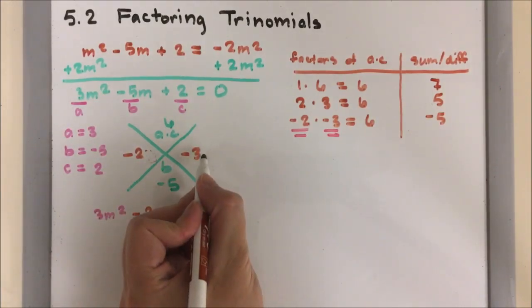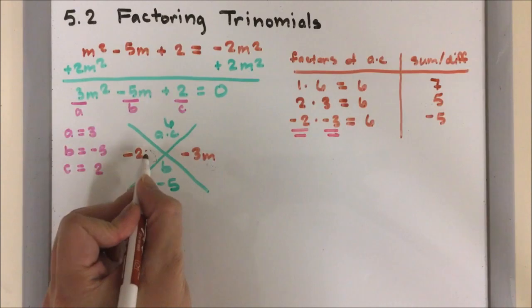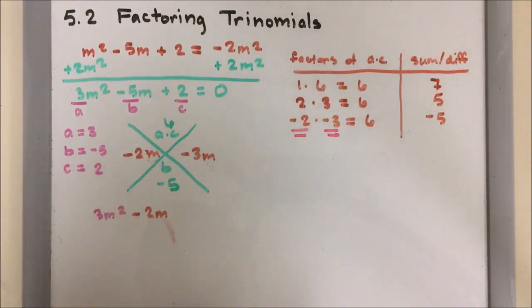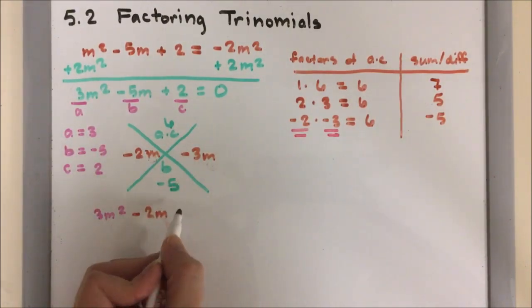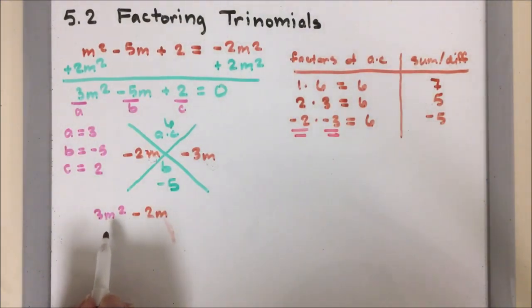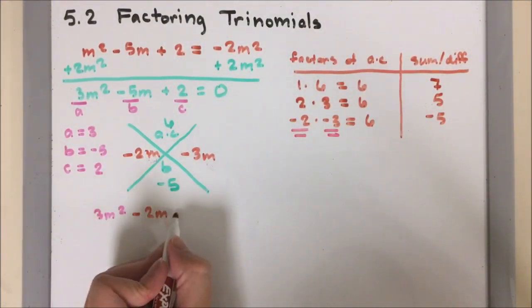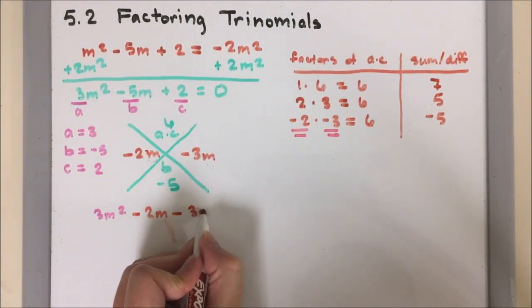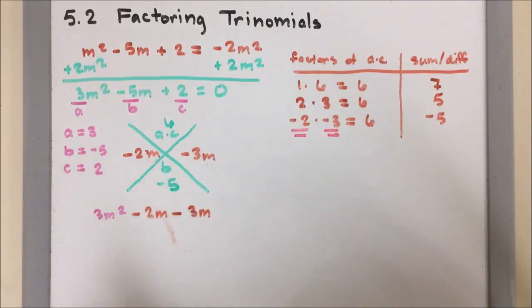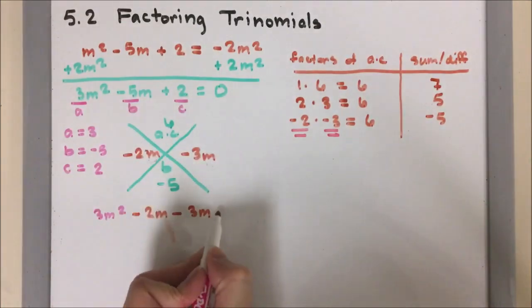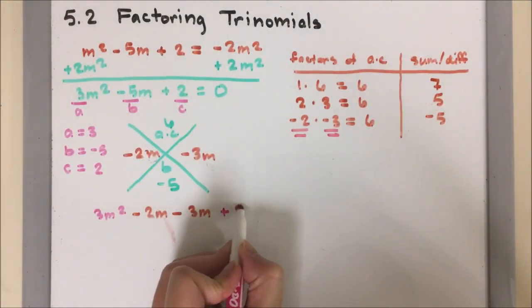I want to stay consistent with the variable that I started off with from the problem. So now back down here, after minus 2m, I'm going to write minus 3m. Then my last term from the trinomial that equals 0, which is the plus 2.